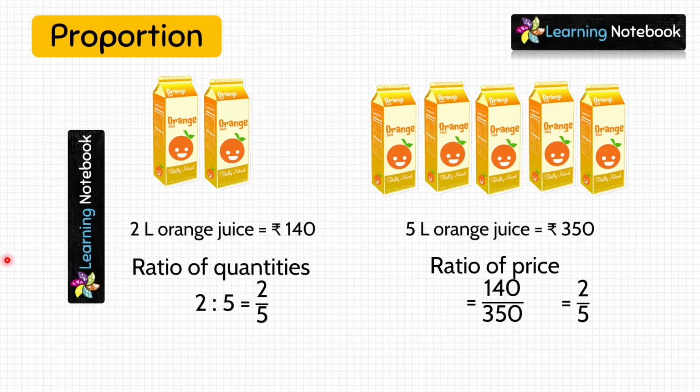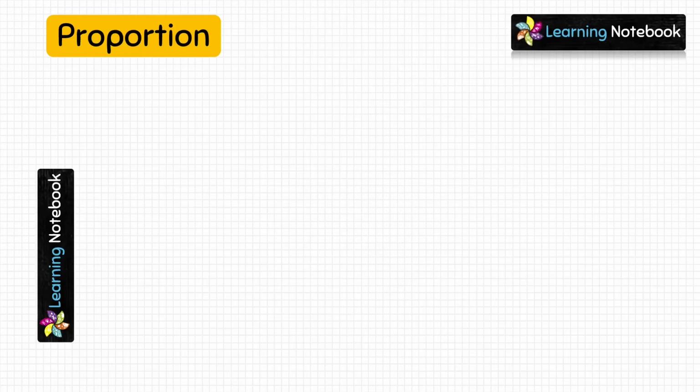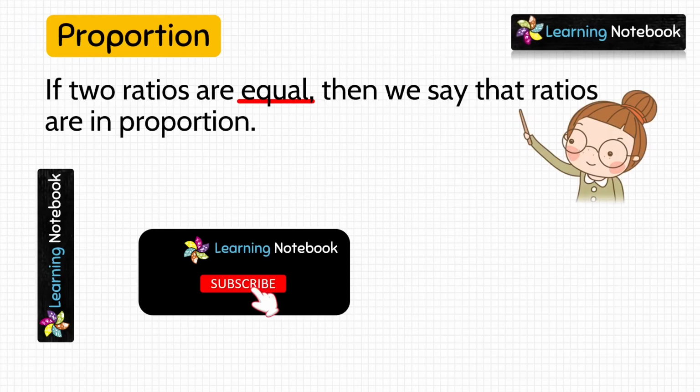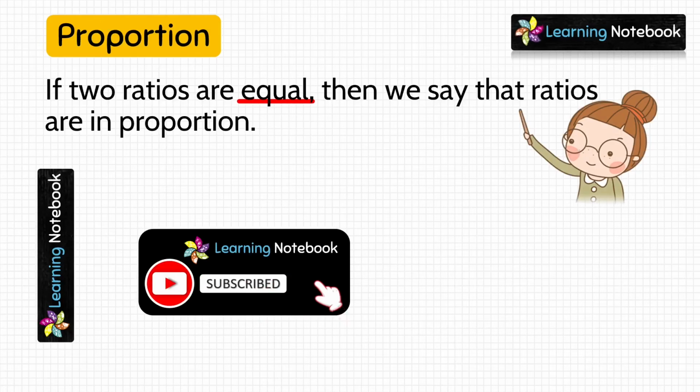So students, the ratio of quantity of juice equals the ratio of their price. And since both the ratios are equal, we can say that both the shops A and B are selling juice at the same price.